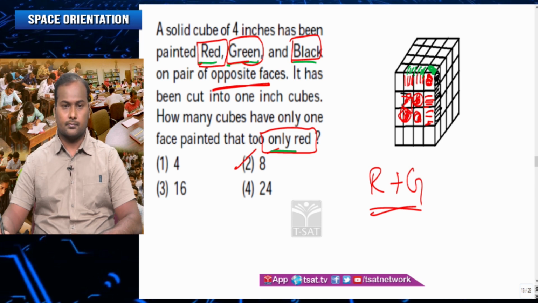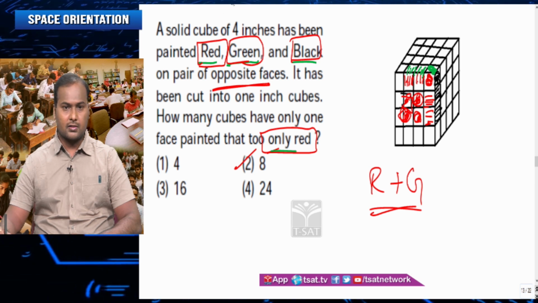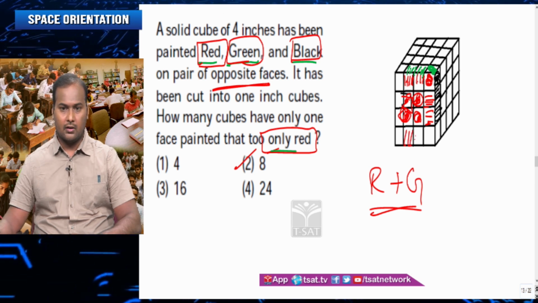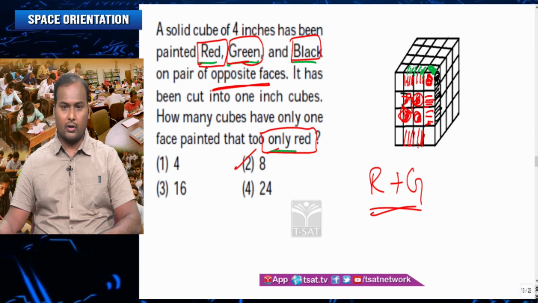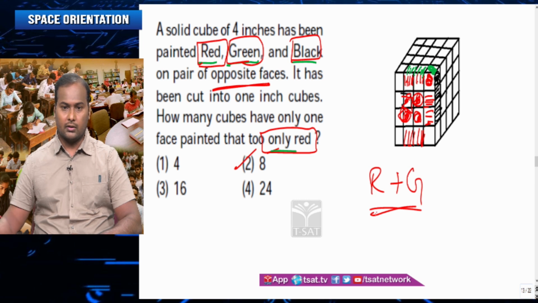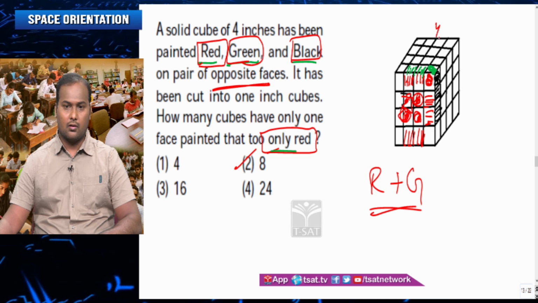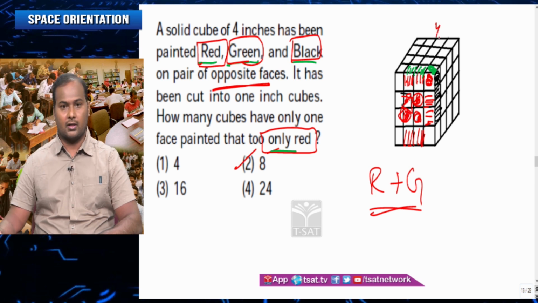Now you take the edge. One edge here on top you can see red and green, red and green. In the same way bottom also red and green. In the bottom also here you have red and at the bottom you have green, because opposite faces are green here. So here 1, 2, 3, 4. In the same way it is also possible in the back. Here also 1, 2, 3, 4. Then also you will get the answer 8.